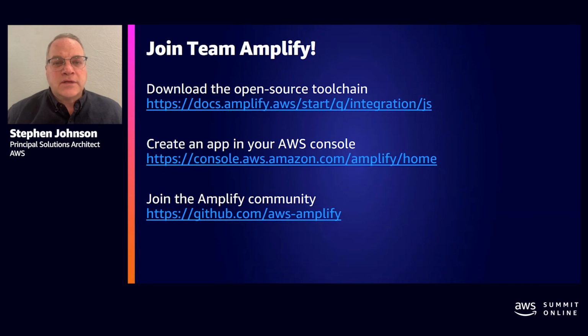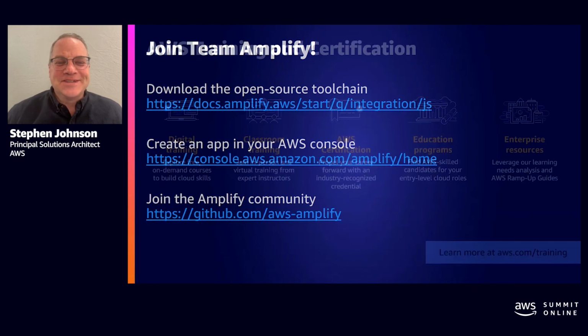We have a very active and enthusiastic community, and this is a great way for you to chime in and say, hey, this is really good, or wow, I'd really love to see this as a feature. And you can even go one step further and help us out by submitting code to the project, and we're always looking for new partners to help us out and make this even better.